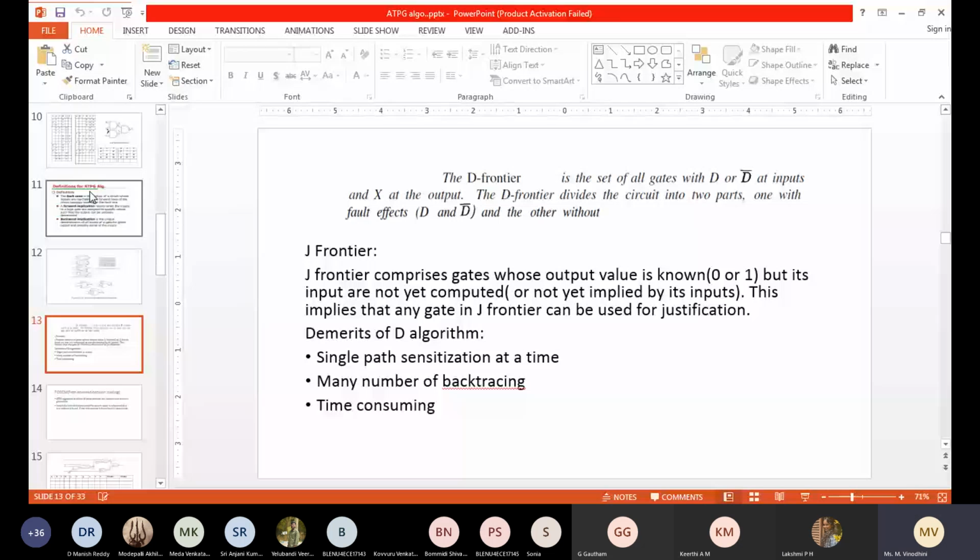Demerits of the D algorithm. As we saw in path sensitization, we sensitize paths one after the other, and it is a tedious job. The same thing still exists here. Even here, if multiple paths are available for a circuit, we sensitize one at a time.